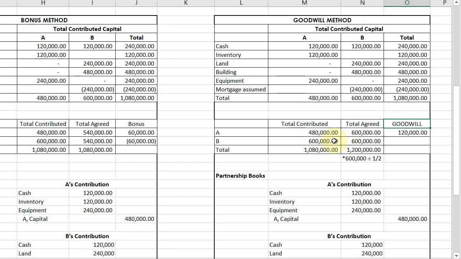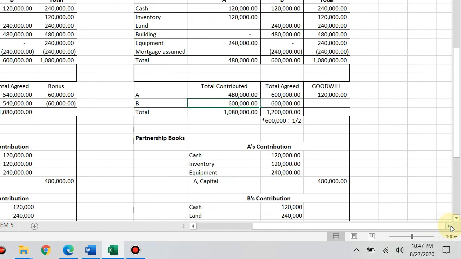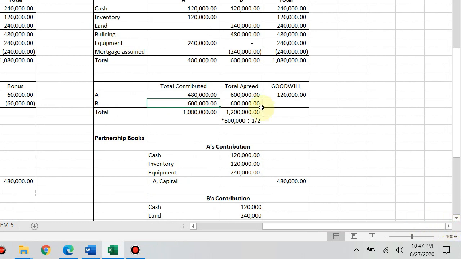Okay? But the basis now is B's capital credit. Okay? So, B's contributed capital is 600,000. So, what will we do when we are recognizing goodwill? To equalize their capital credits.